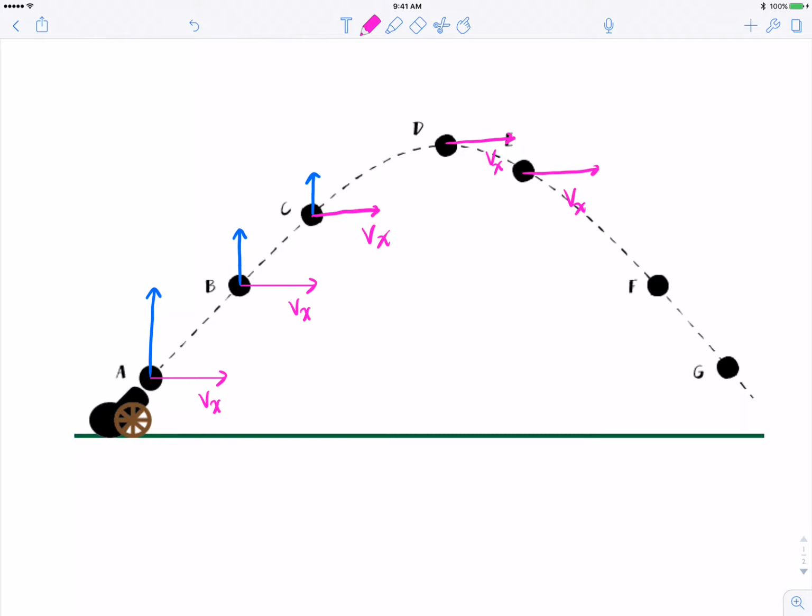So here you can see v sub x vectors of the same length and the same direction, and I'm just going to draw a line through them to say that they are all congruent. And my v sub x vector.